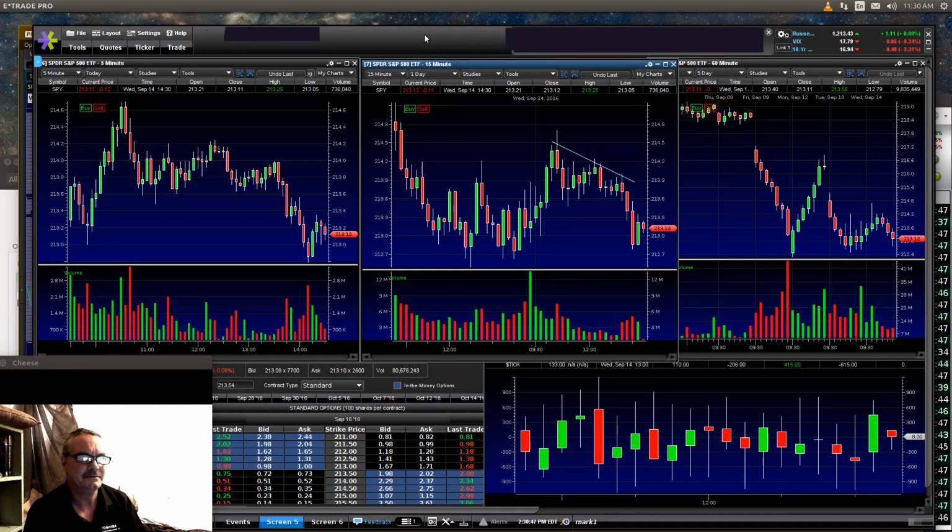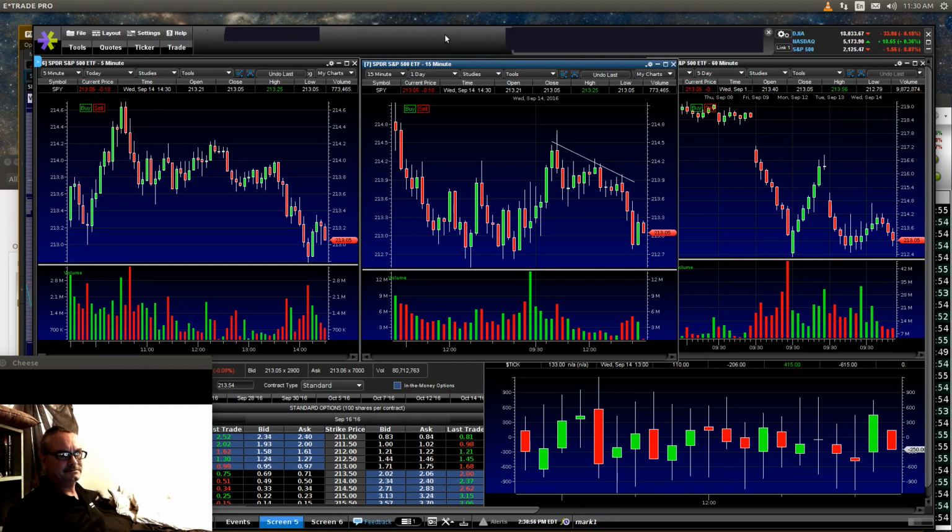I'm not going to take on any trade right now. This is bad trade location. I think the downside's limited, but I think the market is going to want to try to find a balance area somewhere around here.